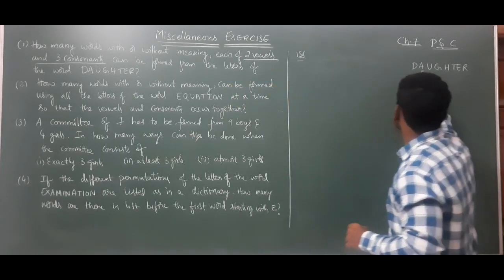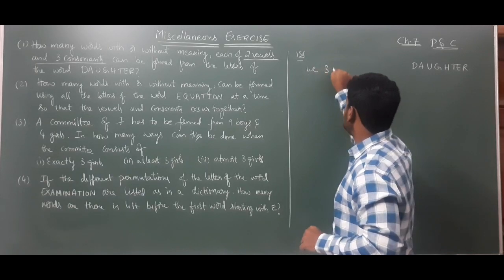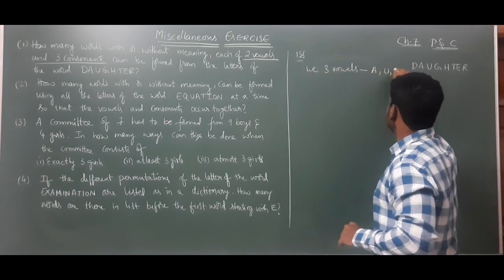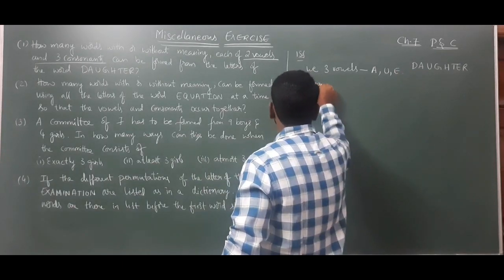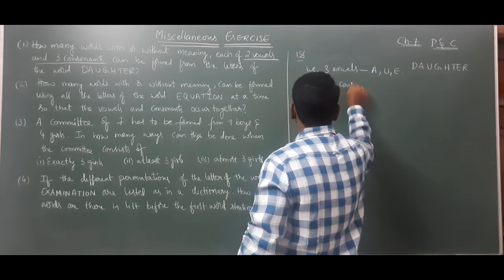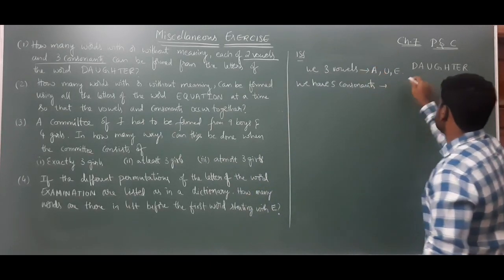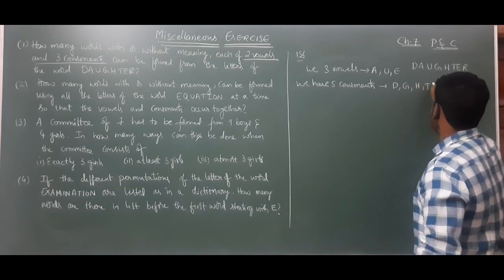First we need to separate. See, A, U, E. So we have 3 vowels. And we have 5 consonants. What are those? D, G, H, T and R.